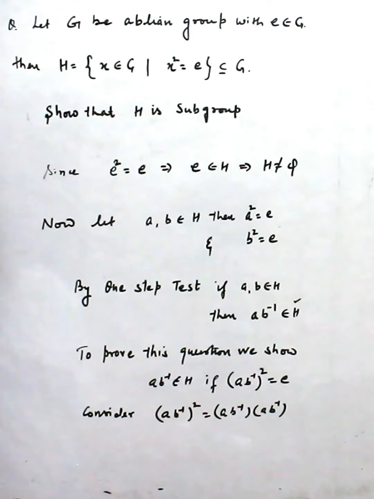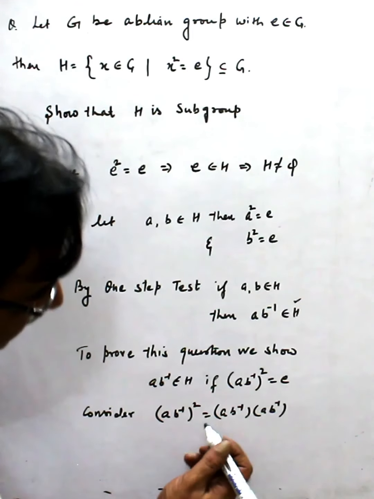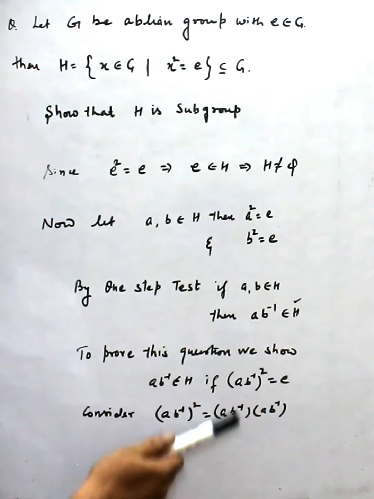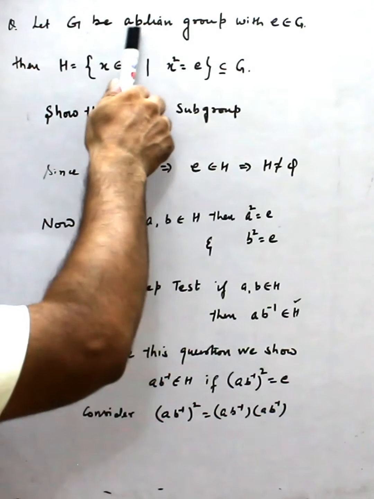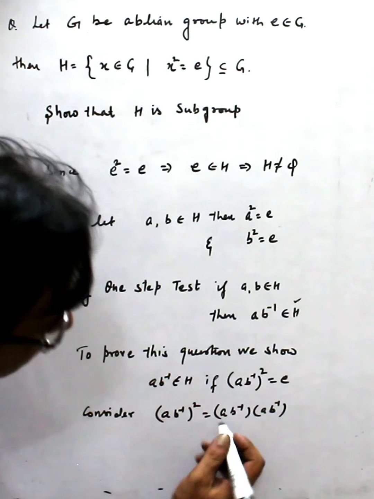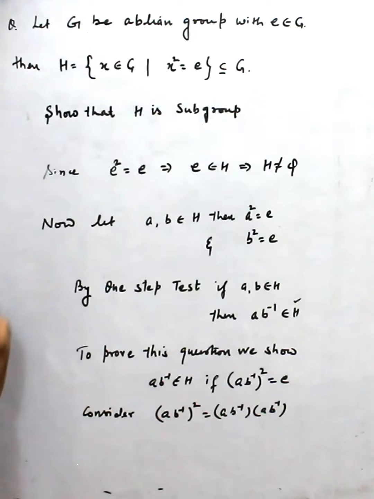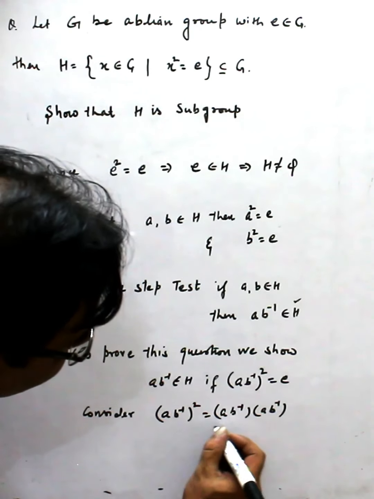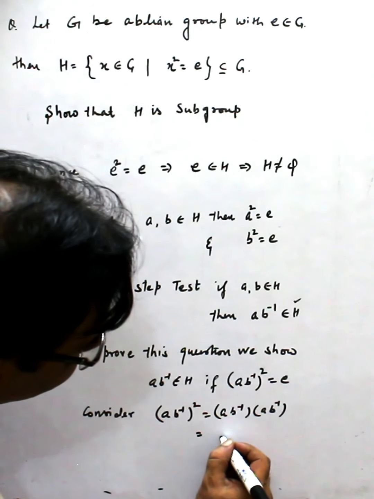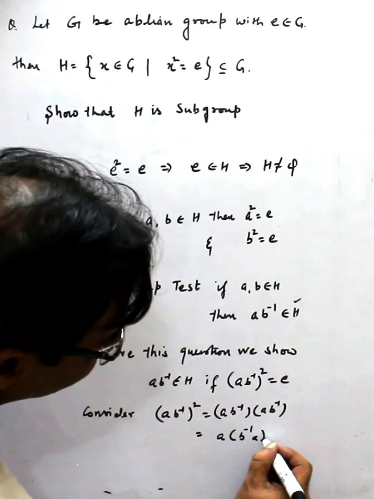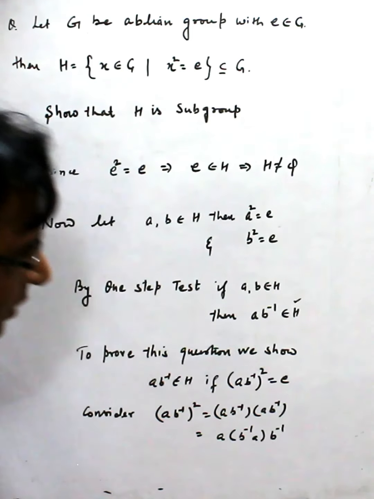Now by associativity, because associativity holds in G, and commutativity also holds in G. Because a and b are elements of G, they are associative and commutative. So this we can write a, b inverse, a, b inverse.